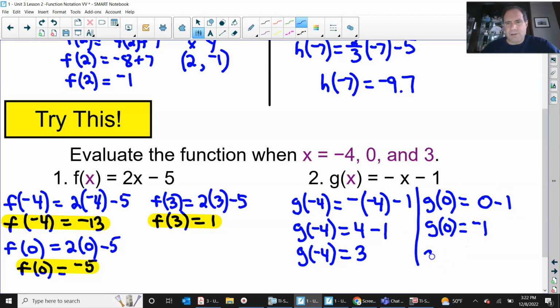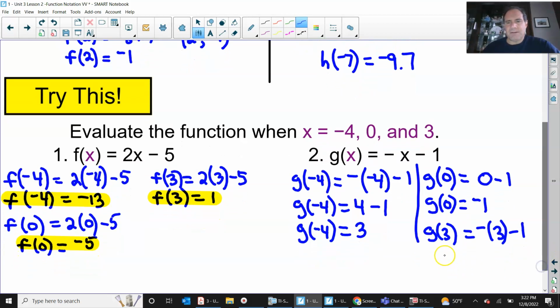And then the last one, g of 3: we substitute a 3 in, and remember it's going to turn negative, minus 1. So we have negative 3 minus 1, and g of 3 is negative 4. You do this on your calculator, step by step, and that's basically it.